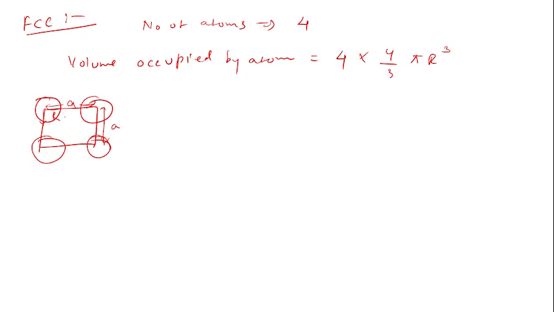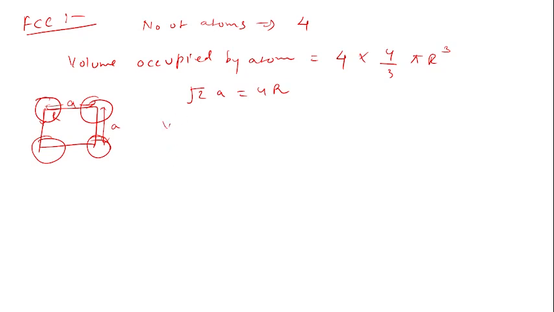So when you calculate the distance, like in the figure, this height will be root 2 a, or you can say this will be 4r. Suppose there is no space, then when you calculate this, your relation will be root 2 a is equal to 4r.